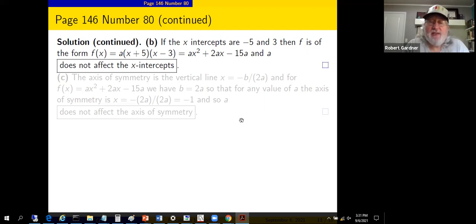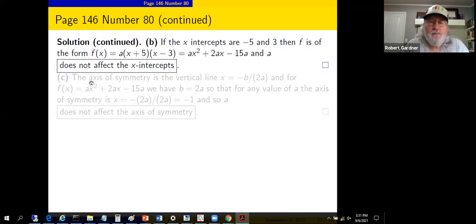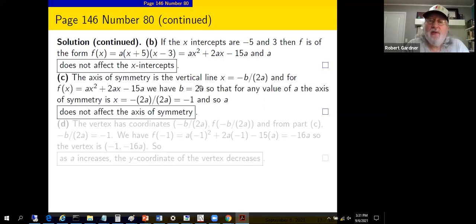Part C, they ask us about the axis of symmetry. Let's run back and look at the question again. How does the value of a affect the axis of symmetry? The axis of symmetry was the vertical line x equals negative b over 2a. For f of x equals ax squared plus 2ax minus 15a, the form of the function in terms of a, we have b.